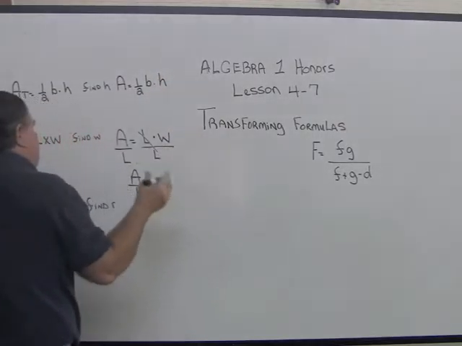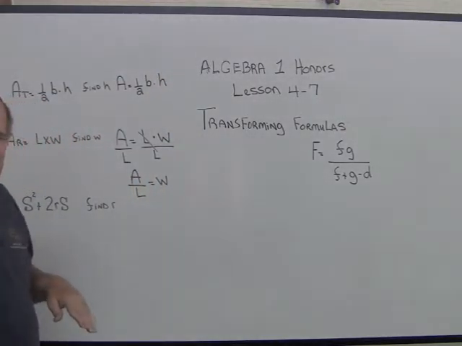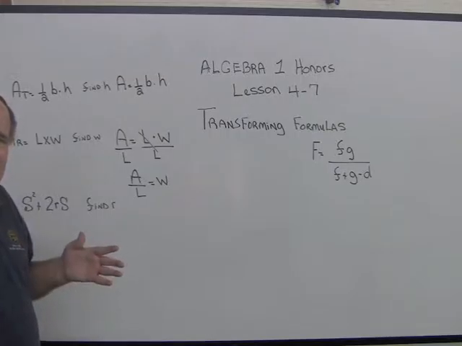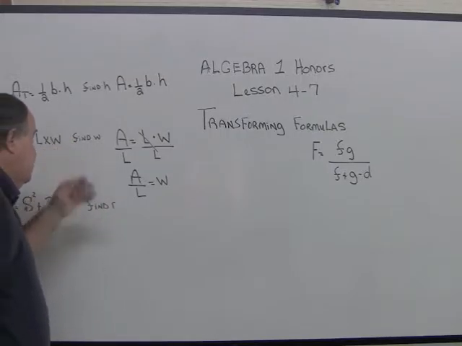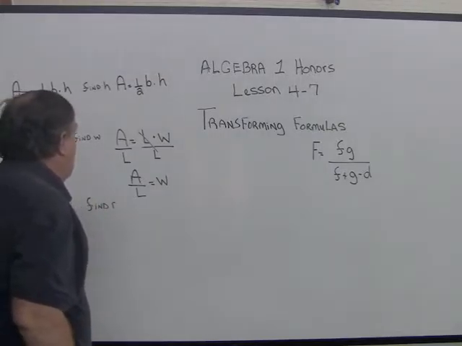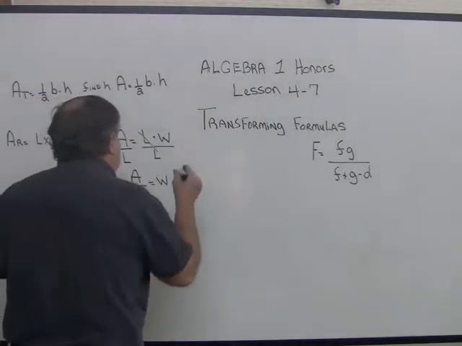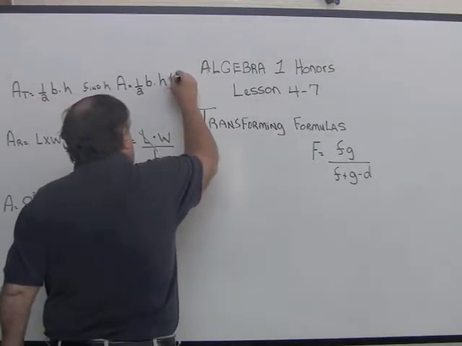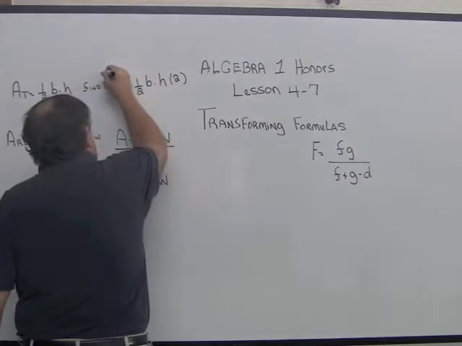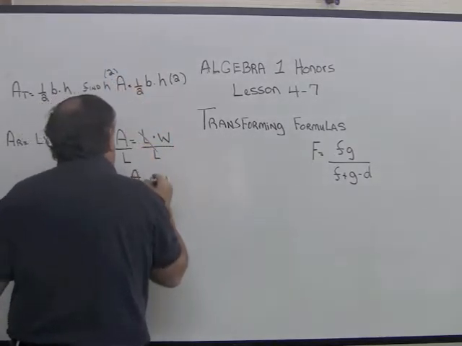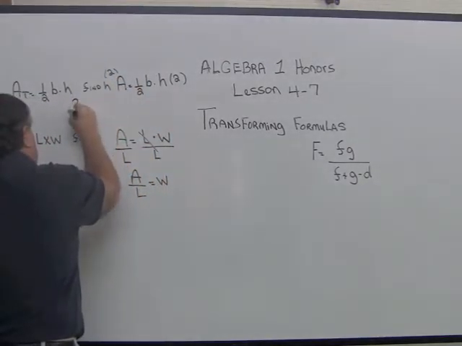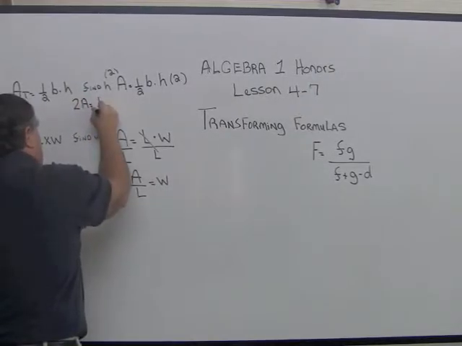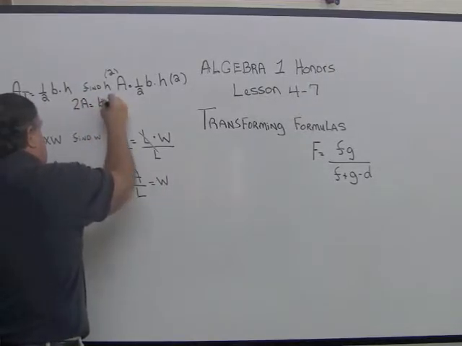Everybody needs to go to the other side, and H stays here. So let's look at this. If we want to get rid of that 1/2 first, we multiply both sides by a 2. Okay, and this is going to be a 2 here. So we're going to end up with 2 times A equals base times height.